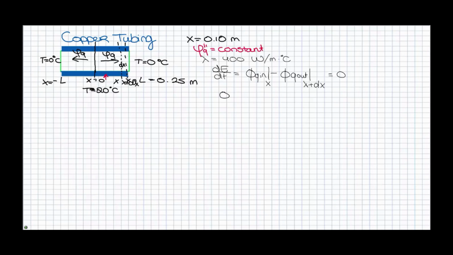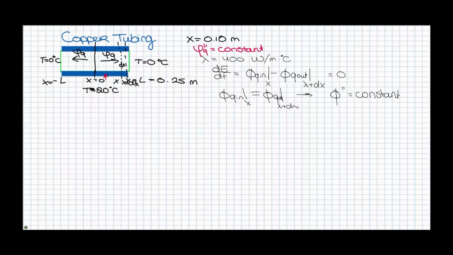And of course it's stationary, so it has to be 0. This means that the heat flux in and the heat flux out is the same. So you can say, okay, well, the heat flux overall is the same and it's constant, which is already given.